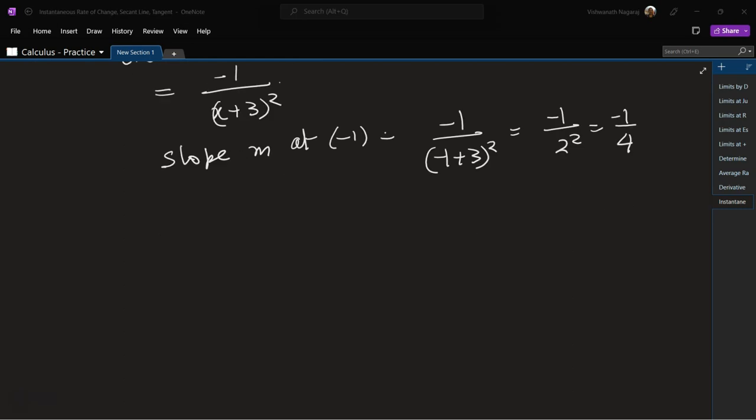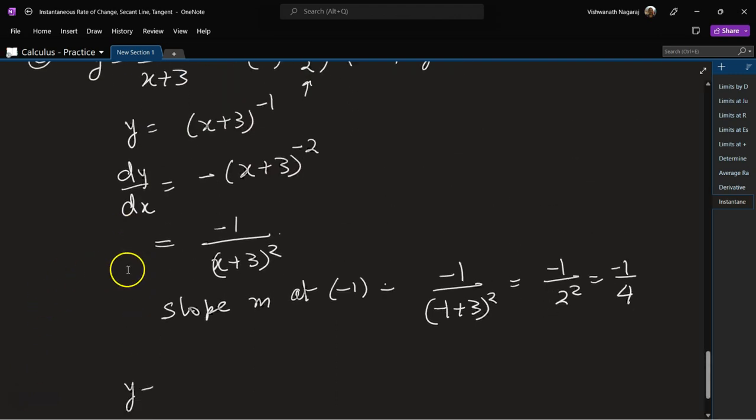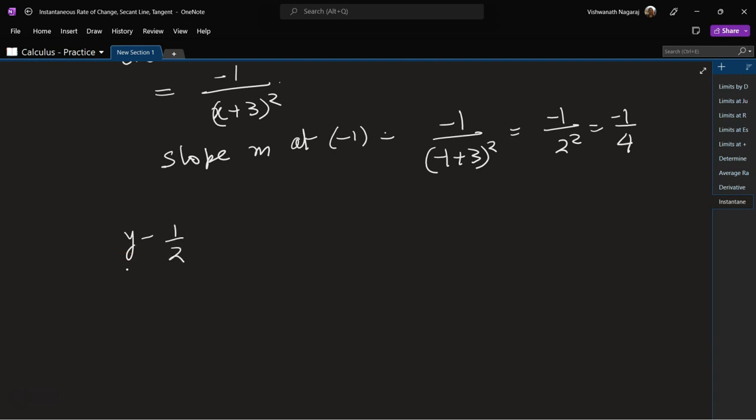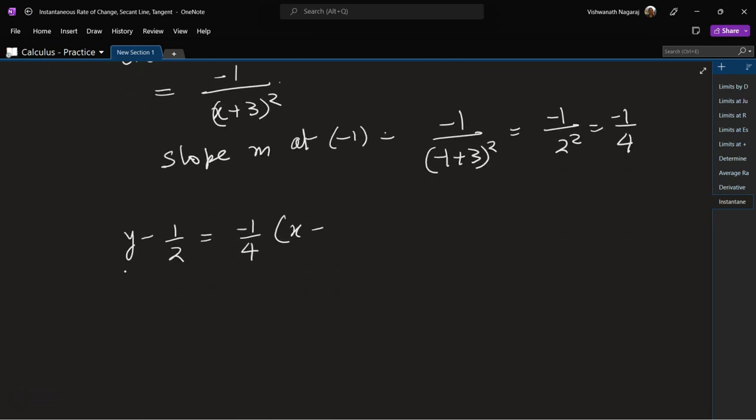Let's write the equation of the tangent line. So y minus y1. So y1 is half. So y minus half is equal to, slope is minus 1 by 4 times x minus the x value, which is minus 1. So y minus half is equal to minus 1 by 4 times x plus 1.